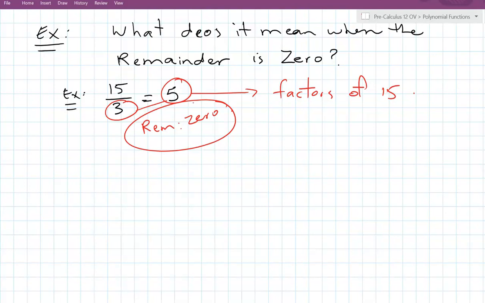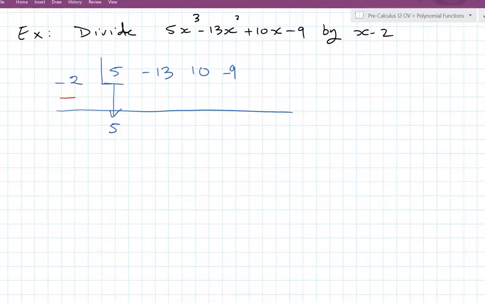So let's go ahead and do another synthetic division example. Okay, here's another synthetic division example. So the first coefficient drops down, then you multiply, right? This is a multiplication always. So this would be minus 10. Let's do minus 10, subtraction. So that will give us minus 3, because minus 13 minus negative 10 is minus 3.